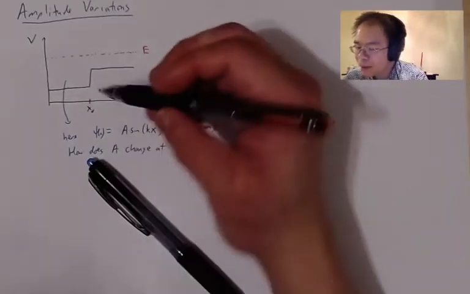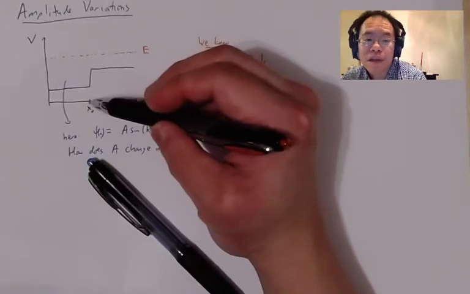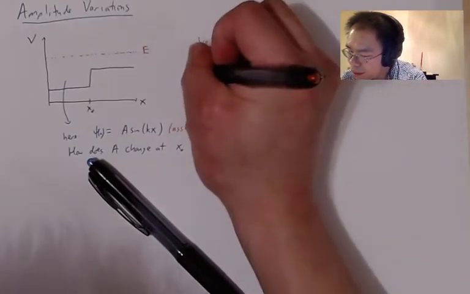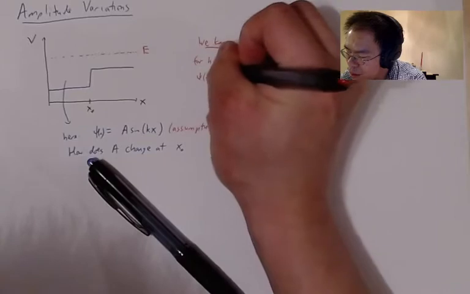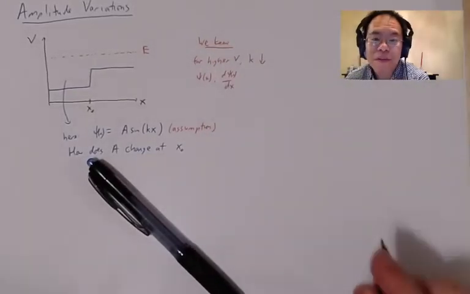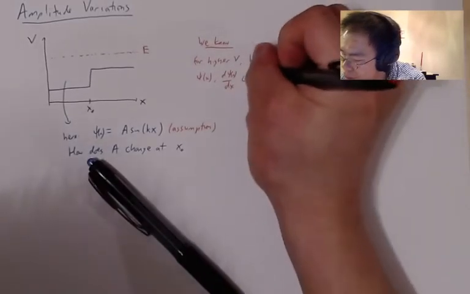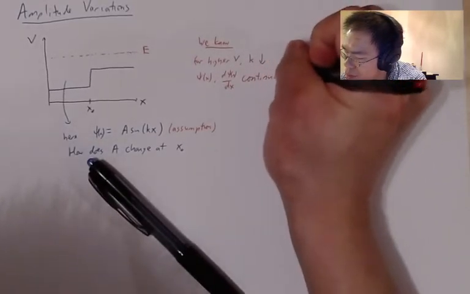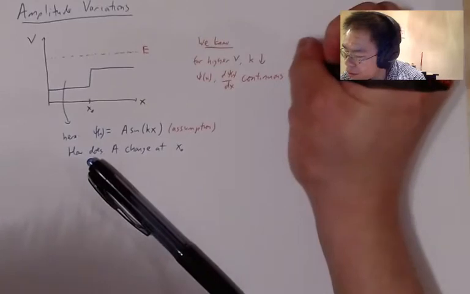We also know that we've got to apply a boundary condition here, that the wave function and its derivative have to be continuous at x naught.